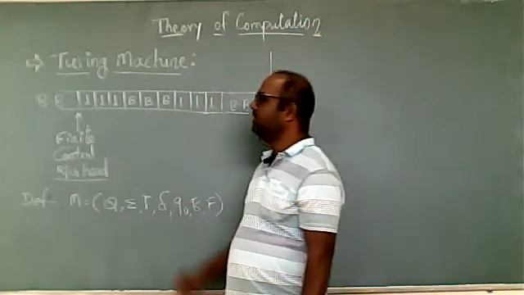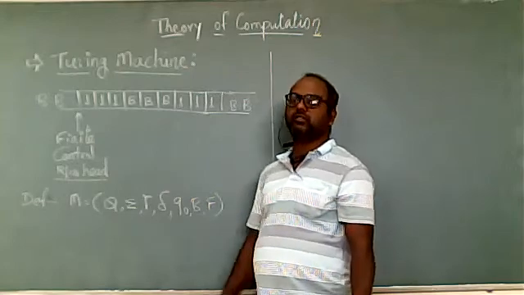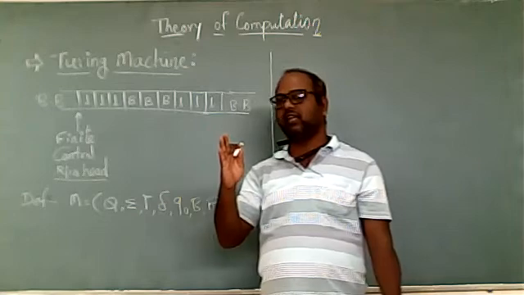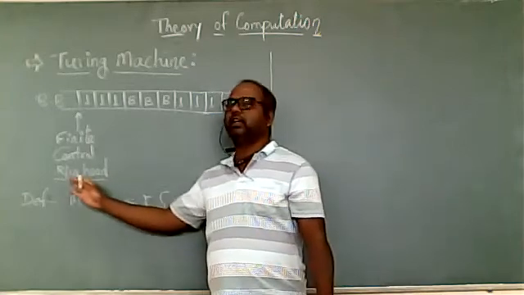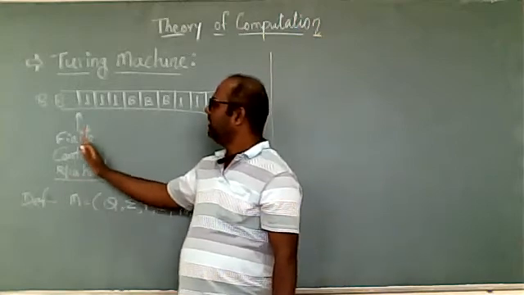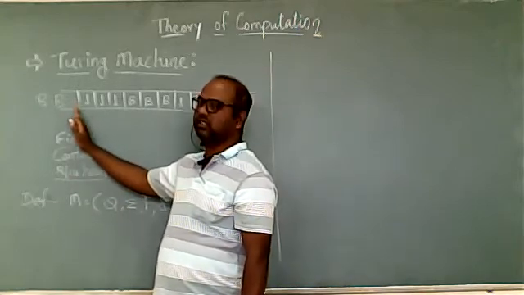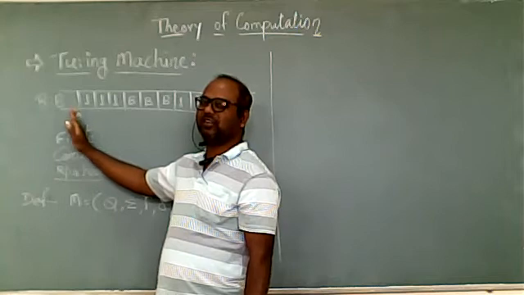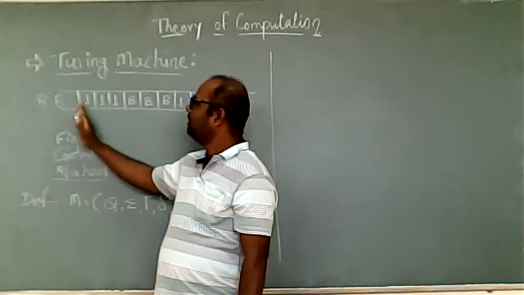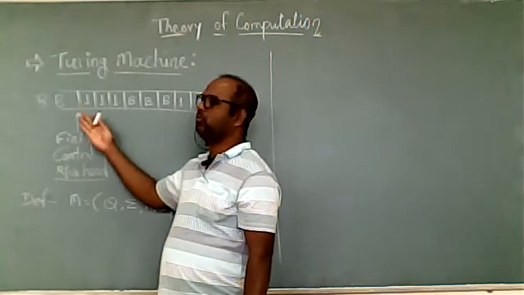Now, the finite control keeps the current position, as well as performing the read and write operations. Suppose the finite control is at this one; it always starts with the first character of your input. If the input is one, what can we do?